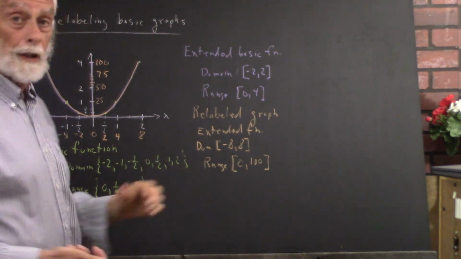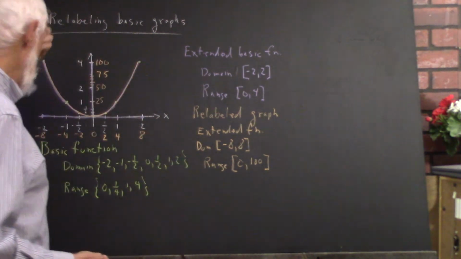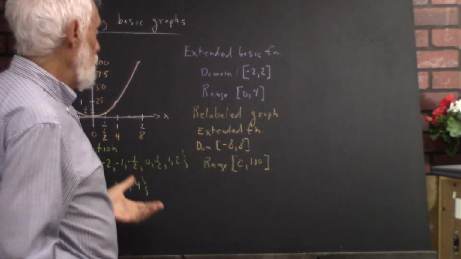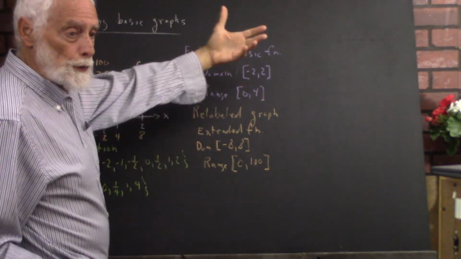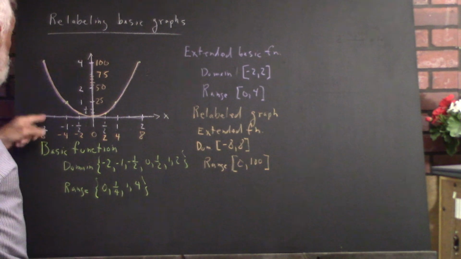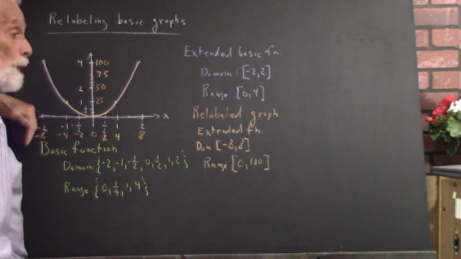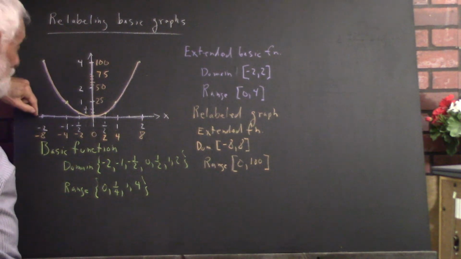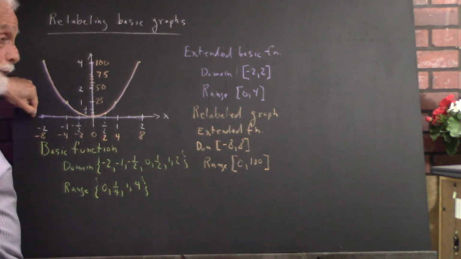Now there are other things that can happen with relabeling. If I wanted to have the domain go from 0 to 32, then 0 would be over here, and that would actually move my y-axis, wouldn't it? Because y-axis has to be where x equals 0.